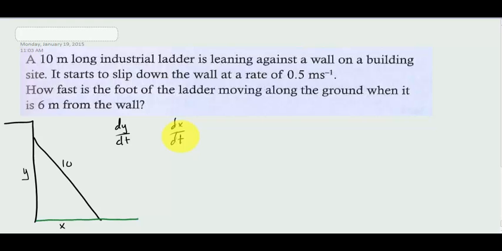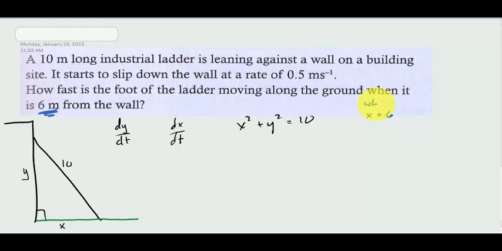Now, I drew a picture, I labeled it. How are the labels in this picture related? Well, this is a right triangle, ladies and gentlemen. We can use the Pythagorean Theorem, x squared plus y squared equals 10 squared. Now, we're given the condition that 6 meters from the wall, that's when x is equal to 6.